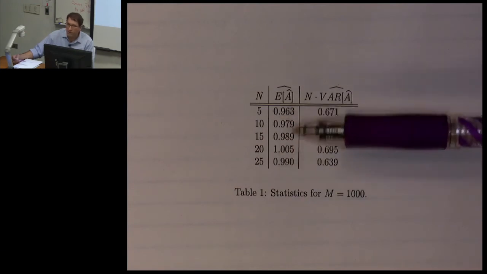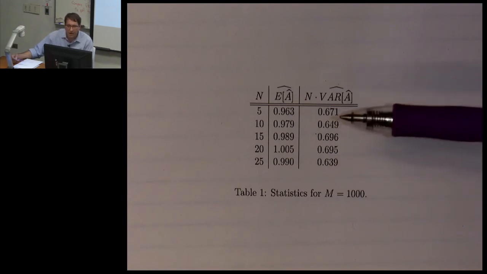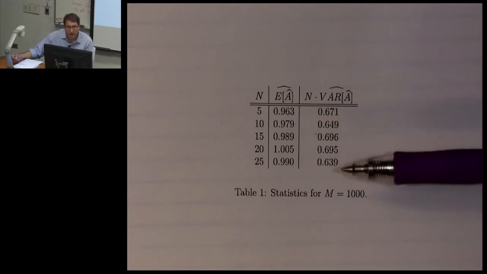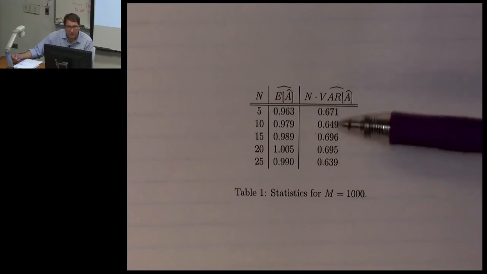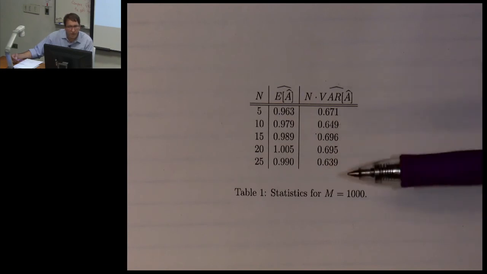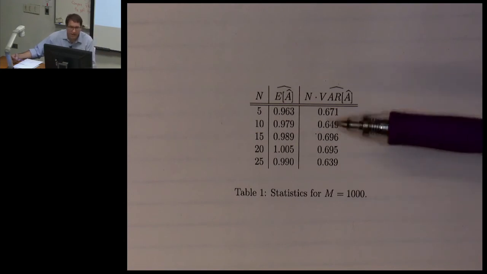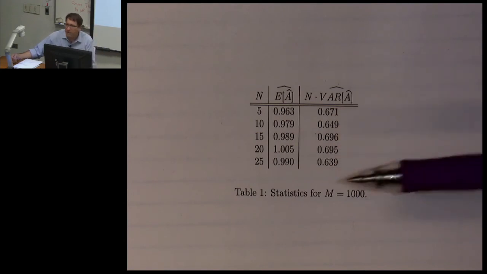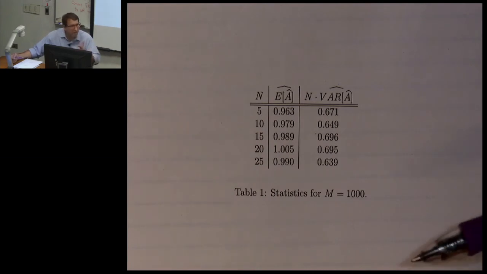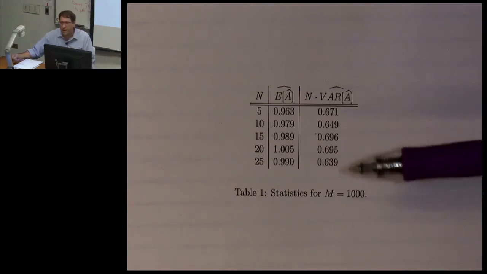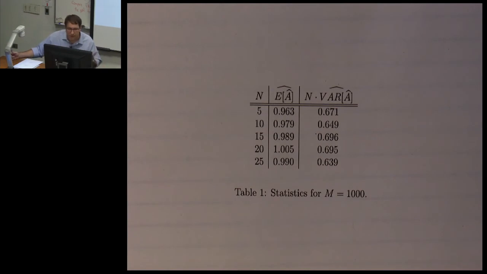So we're pretty close in terms of the mean. The variance is kind of hard to estimate, so it's going down and up as well. You can run these trials over and over again and see different values. But we're not so far off from 0.667, so we're in the ballpark even for fairly small values of n. We're getting close to the efficiency of this maximum likelihood estimate, even with relatively small numbers of samples.